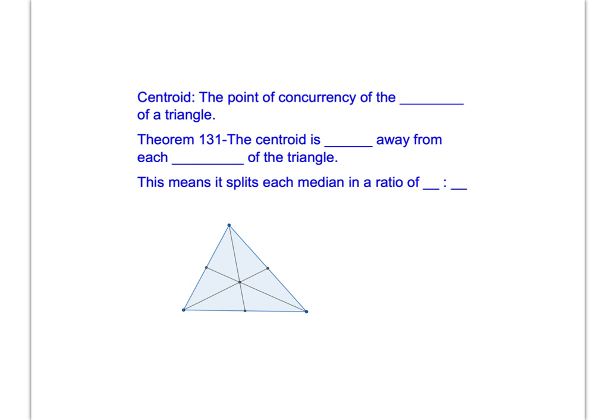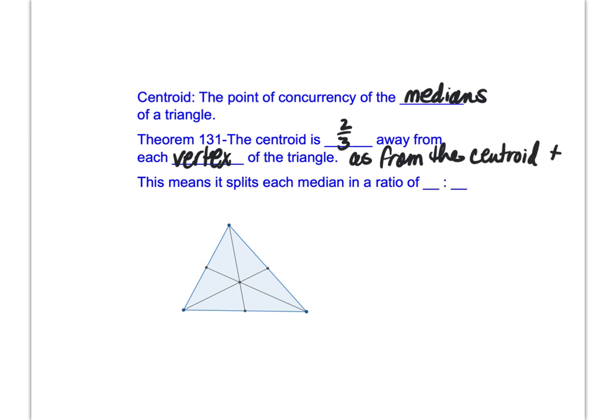The centroid is the point of concurrency of the medians of a triangle. The centroid is 2/3 away from each vertex of the triangle, as from the centroid to the side.